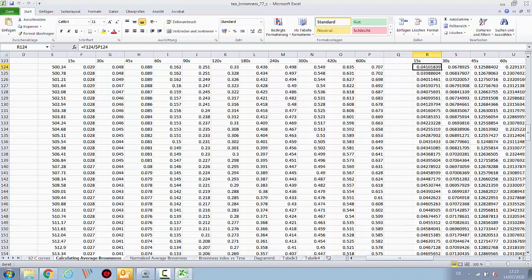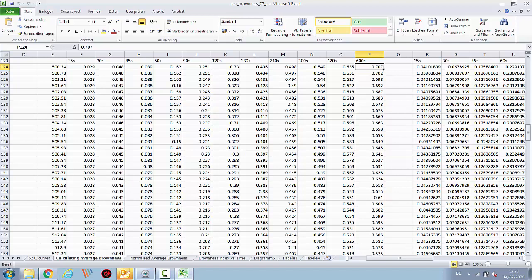Then I've taken those and divided them by the value at 600 seconds, which brings them all down to a much more similar value. If we took the average of a curve, it would be distorted by the shape of the curve, and we would consider the high values much more than the low values.